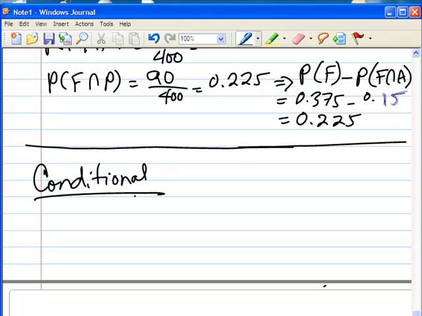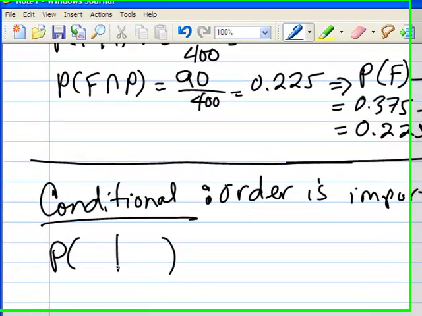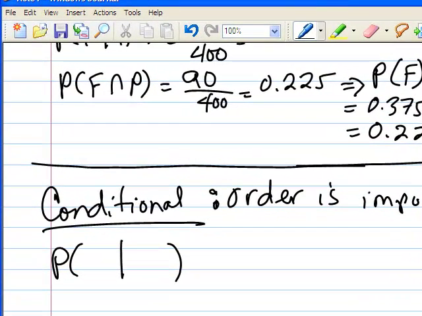probabilities. Now conditional probabilities also have two events written inside of the parentheses, but in this case the order matters. Order is important. Okay? This sign that we write, it's not a slash, it's a vertical straight line, and the letter that comes, or the event that comes after the line, is the condition that must be satisfied.